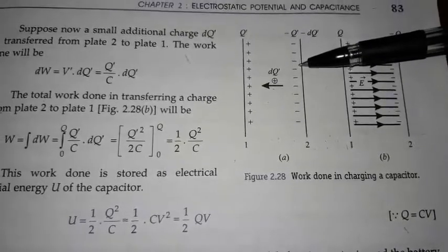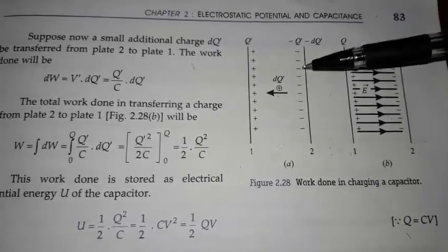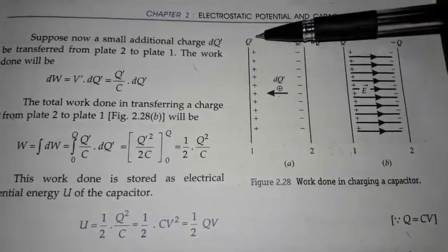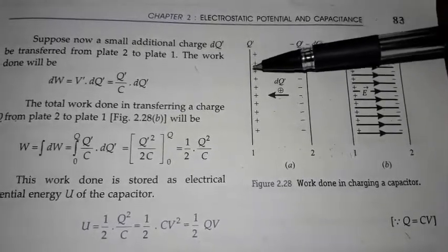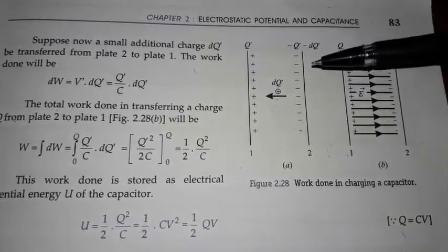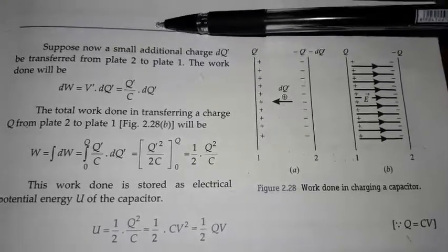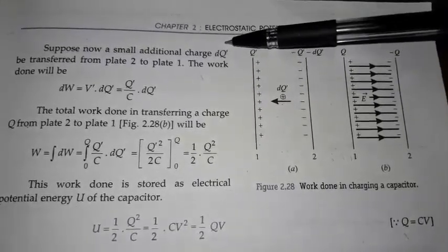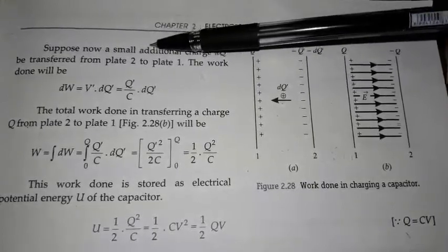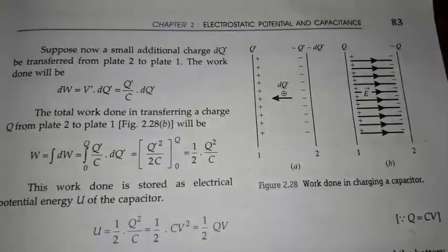At a particular instant of time, we suppose that q' is the charge on metal plate 1 and minus q' is the charge on metal plate 2. Now suppose a small additional charge dq' is transferred from metal plate 2 to metal plate 1.